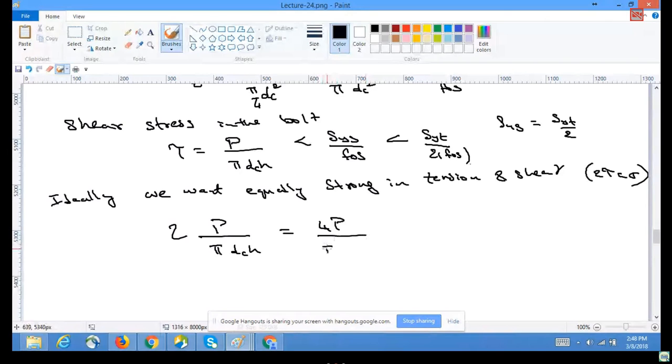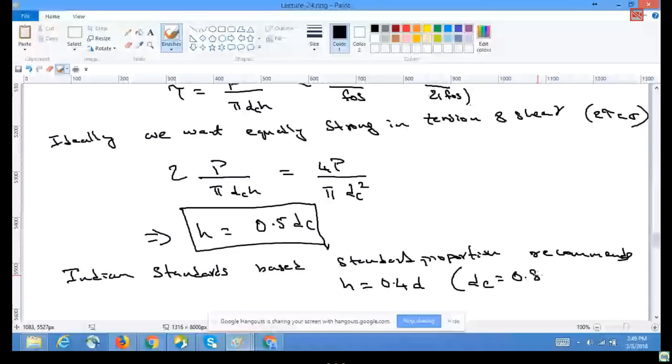The height of the nut is 0.8 times dc. This is the standard proportion.